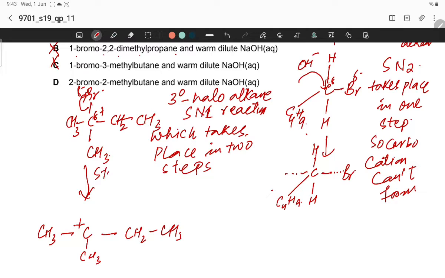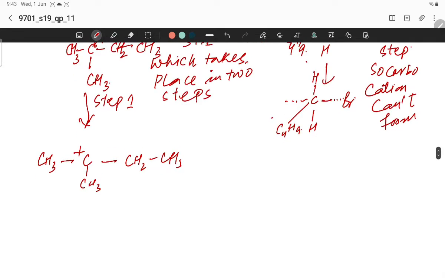This is step 1, and this is step 2. Step 1 is the slow step, the rate determining step, and step 2 is the fast step.